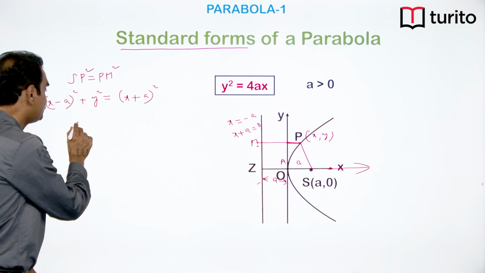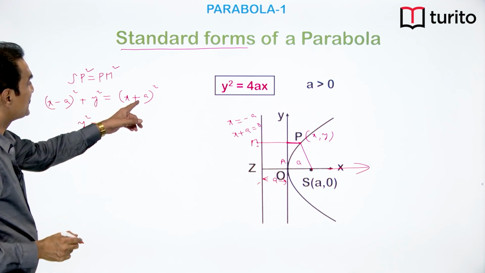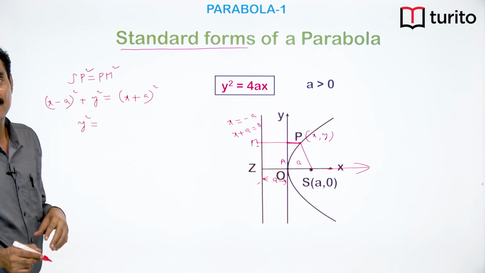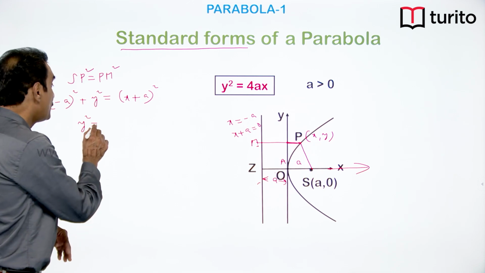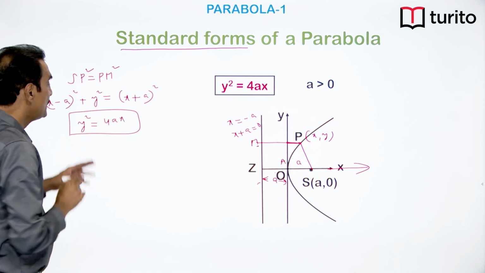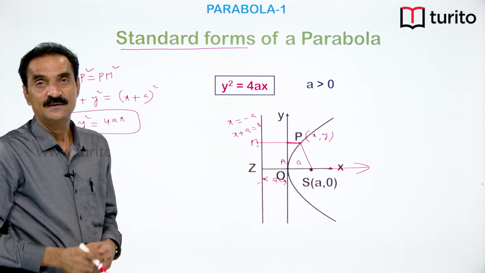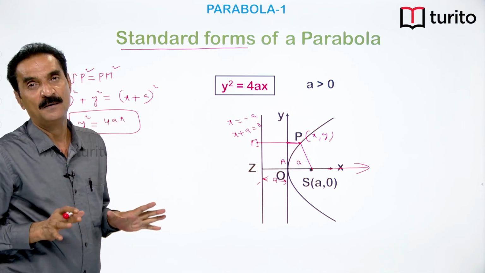Then simplify it: y square is equal to (x plus a) whole square minus (x minus a) whole square, which is 4ax. So, that is how we get this equation, y square is equal to 4ax. This is the standard form of the parabola.